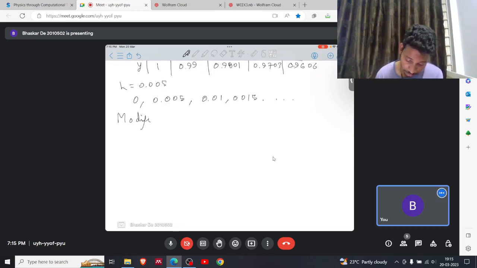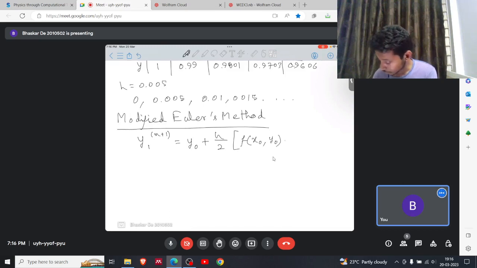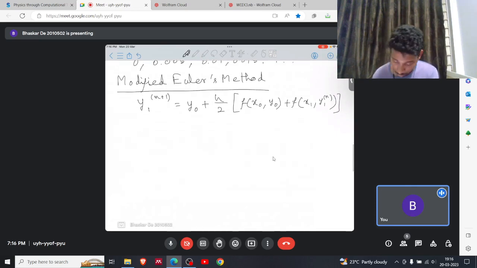Now there is another method, that is the modified Euler's method, where the formula used is y1 n plus 1 equal to y naught plus h by 2 times f x naught y naught plus f x1 y1 n, where y1 0 can be determined by using this formula, y naught plus h f x naught y naught.